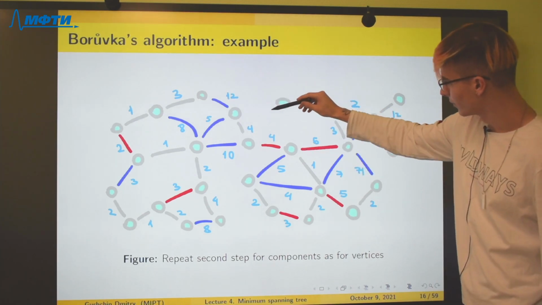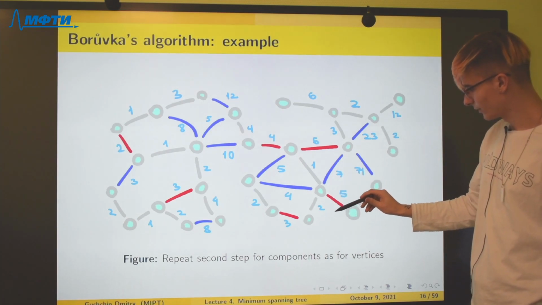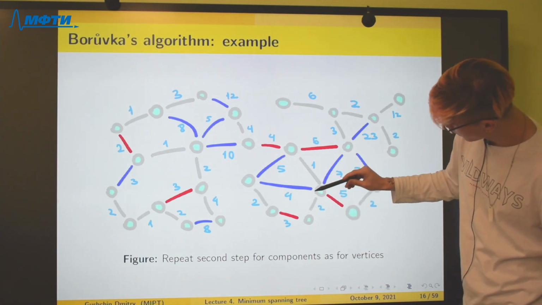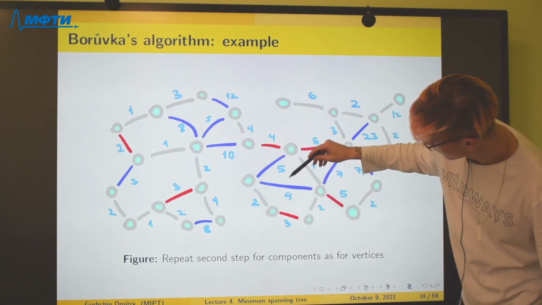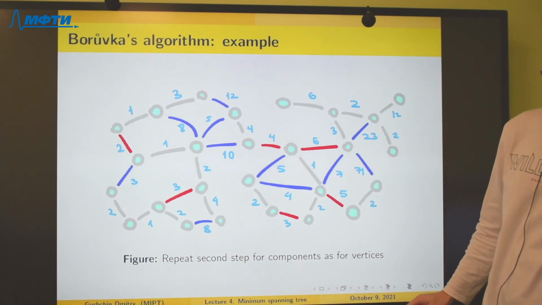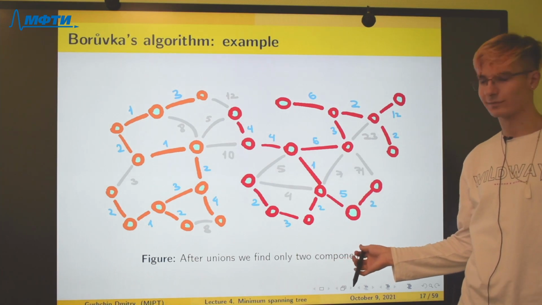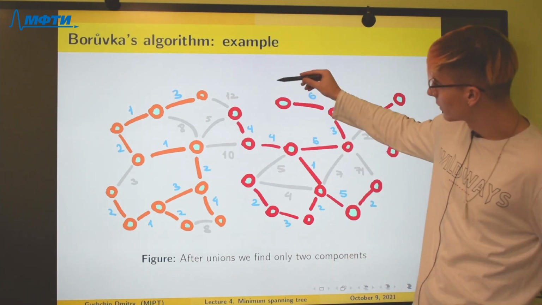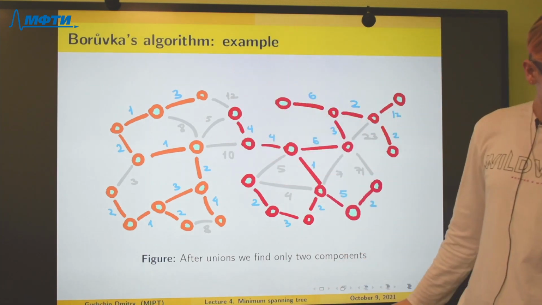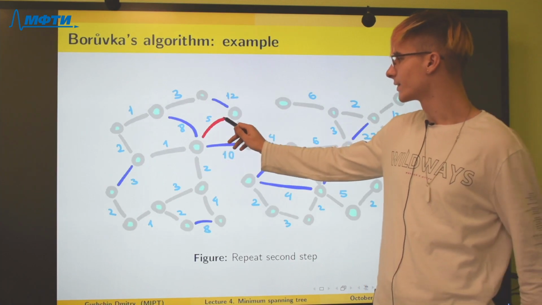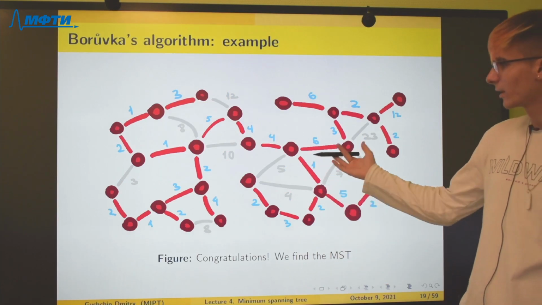This minimum for this cut, this minimum for this cut, this minimum for this component, for this component, yeah. So we get 2 components now. And then we have only one cut with the graph, and we find the minimum and add it and have a minimal spanning tree.